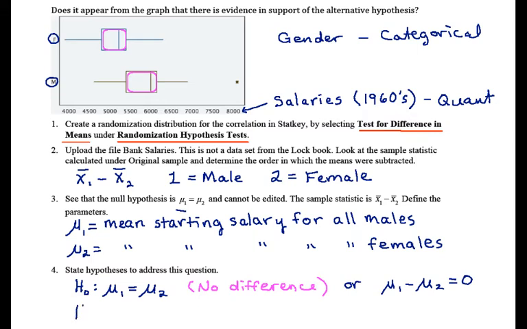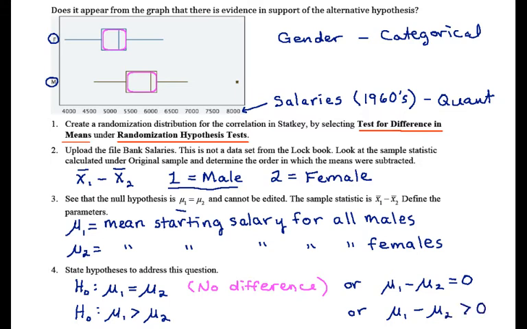My alternative hypothesis is that starting salaries are higher for males, so again I have to refer to which subscript refers to males. That's number 1, so that's going to be mu sub 1 is greater than mu sub 2. And I could also write this as mu sub 1 minus mu sub 2 is greater than 0.